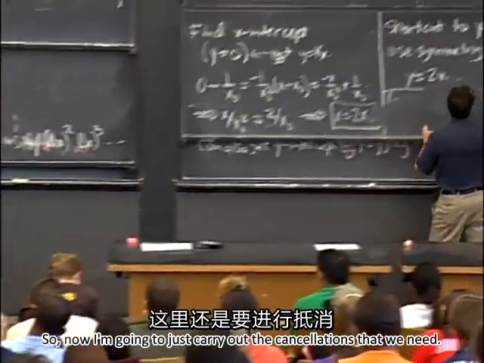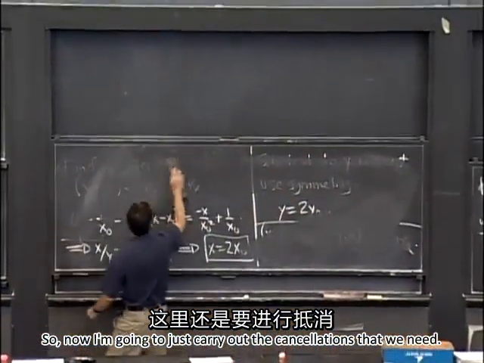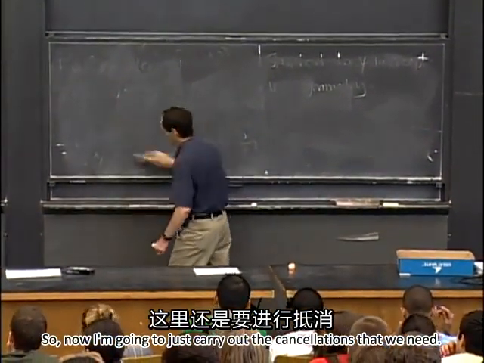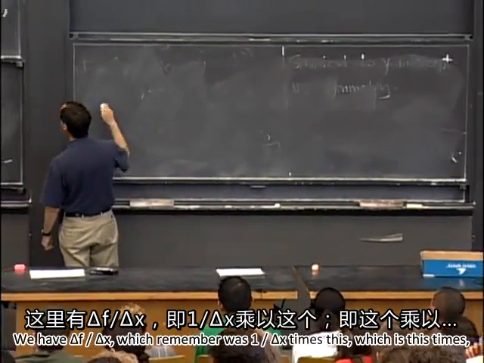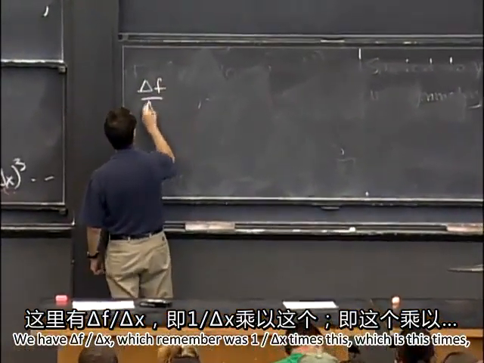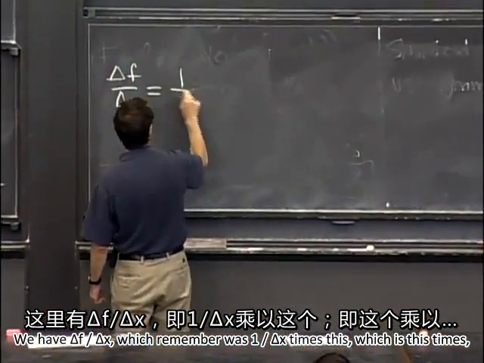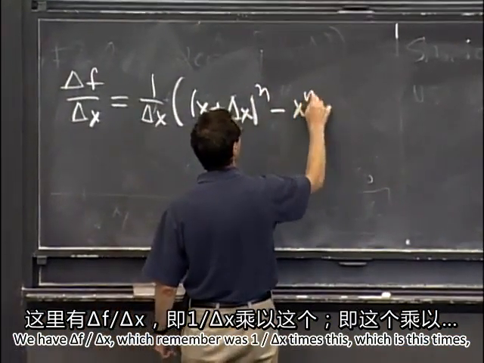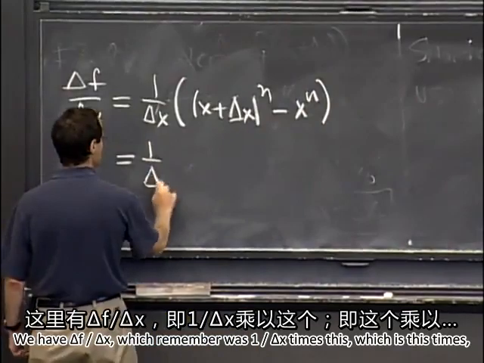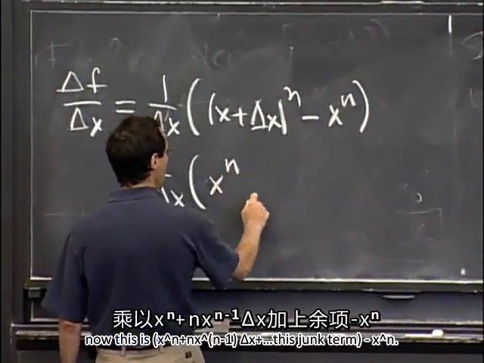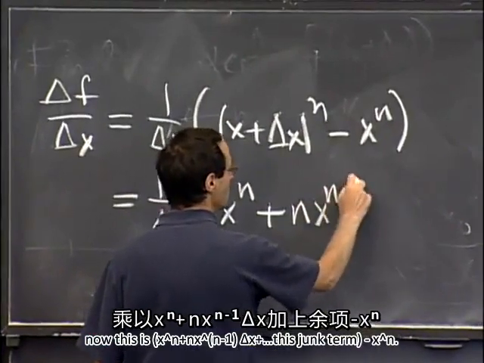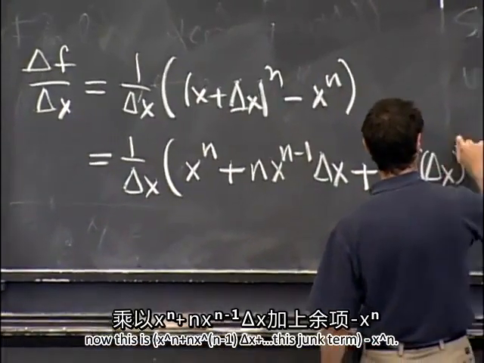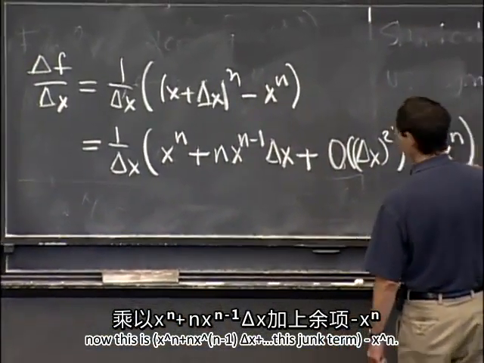So now I'm going to just carry out the cancellations that we need. So here we go. We have delta f over delta x, which, remember, was 1 over delta x times this, which is this, times, now this is x to the n plus n x to the n minus 1 delta x, plus this junk term, minus x to the n.